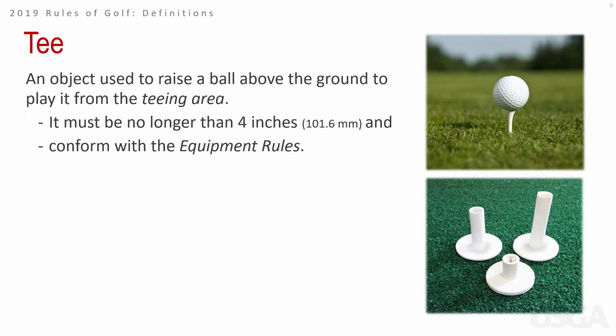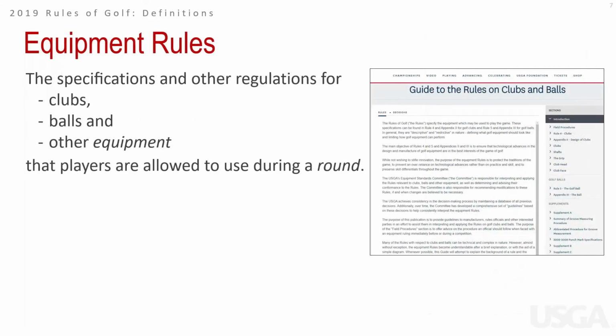But if you do use a tee, it can't be longer than 4 inches, and it must conform with the equipment rules. You can throw the ball down on the ground within the teeing area. You can raise up a piece of turf within the teeing area and use that as a tee. But if you use a tee, no longer than 4 inches and conform with the equipment rules.